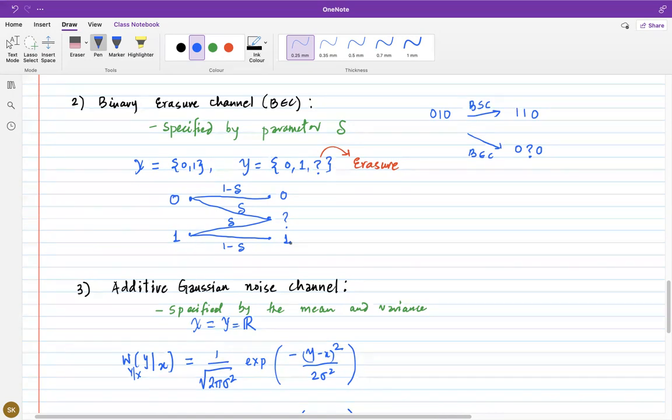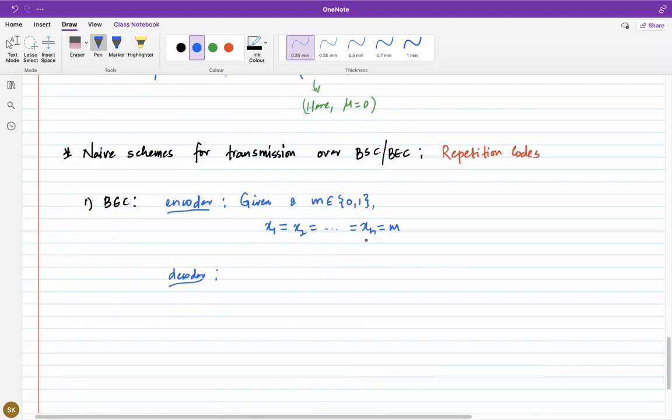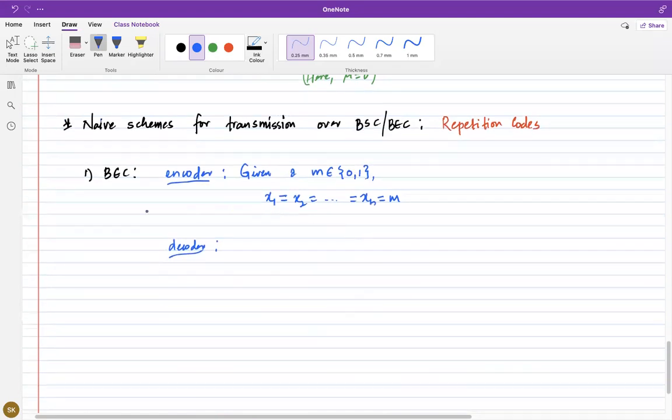Okay. So therefore, as a simple decoding rule, we can have the following. Out of these n messages that you transmit along the channel, after the channel, which is BEC, the output that you get, let's say it is y1 and so on till yn.